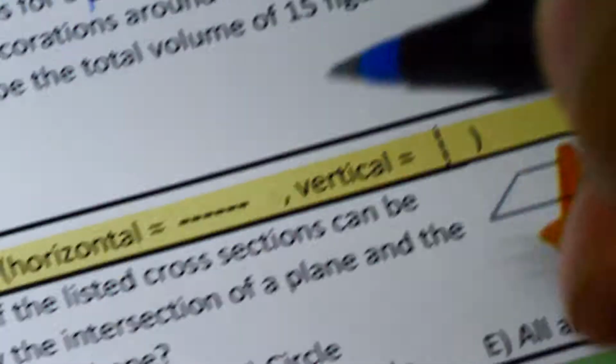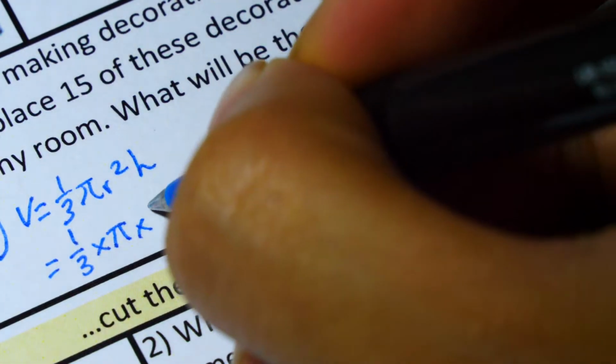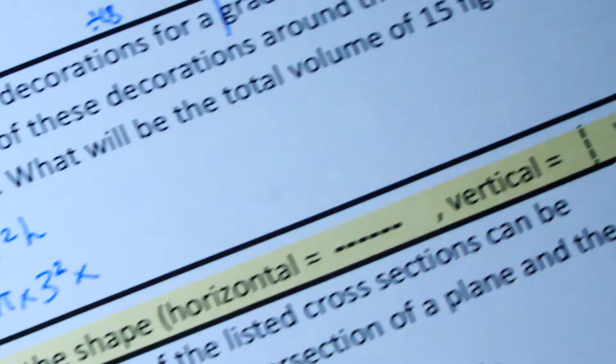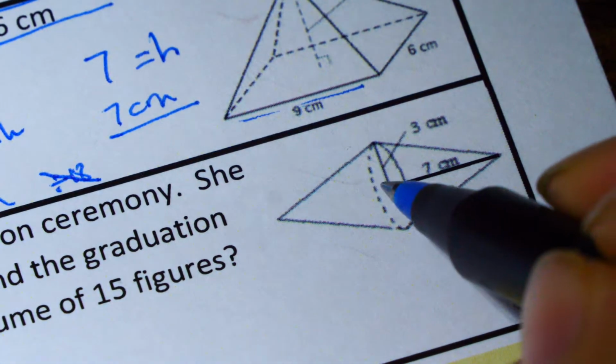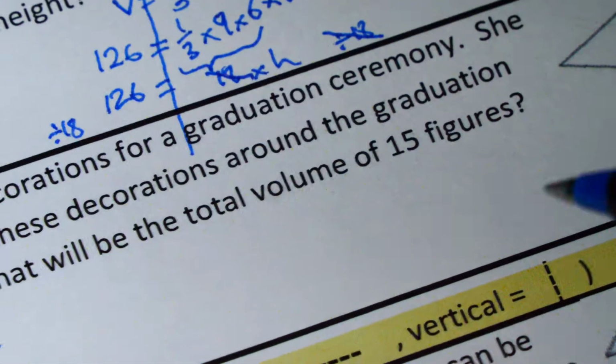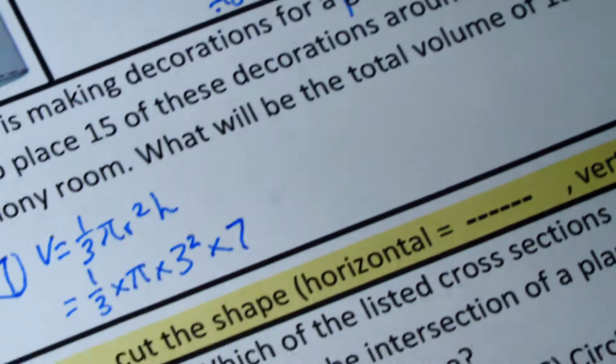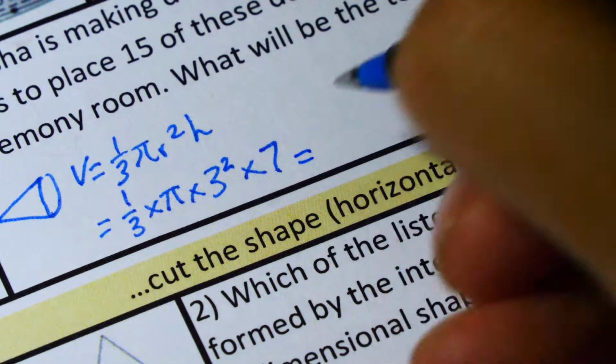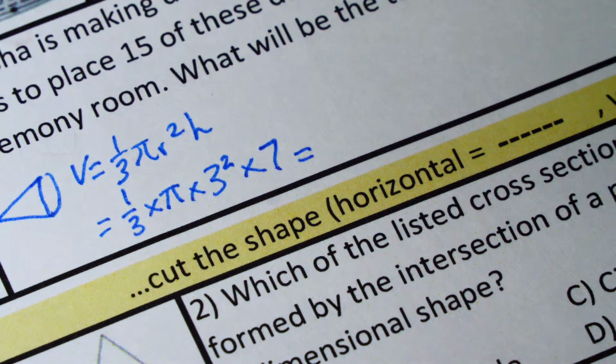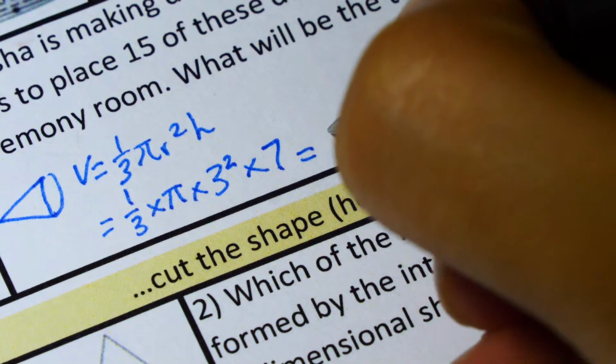R is 3, so times 3 squared times h. The height of this cone is 7, times 7. Okay. This equals 65.94.